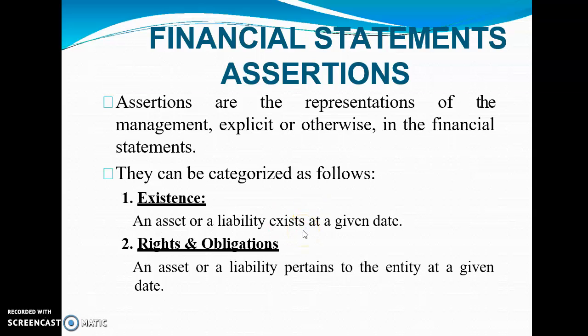So as the auditor, you have to be critical thinking. Okay, and then rights and obligations. Rights and obligations is where an asset or liability pertains to the entity at a given date.